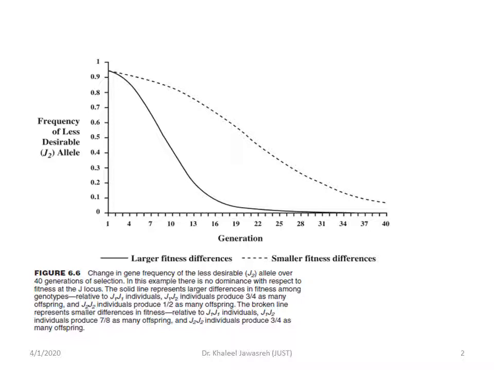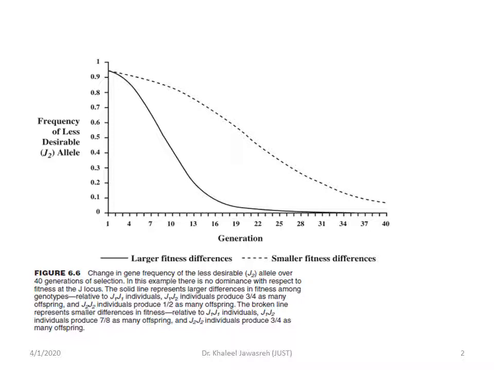If you observe the horizontal axis, you can see the frequency of the less favorable allele, J2, is very high, which is the initial gene frequency to be selected against. As we see here, it is about 95% for J2.